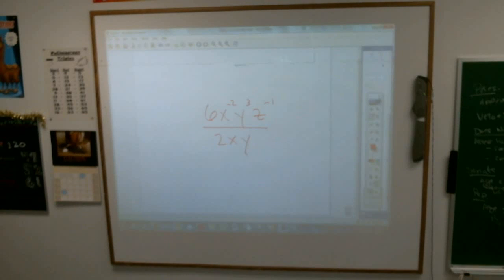Give you a chance and see how you do with this. It's kind of a tough problem, I will grant you that. See if we get the right answer. Step number 1 is make your negative exponents positive, I'll tell you that. Anything that has a negative exponent, you need to make it a positive exponent.